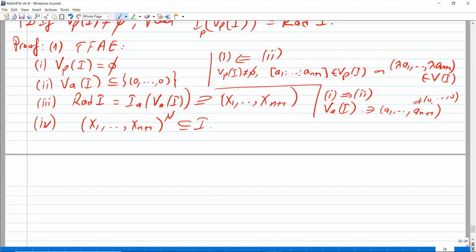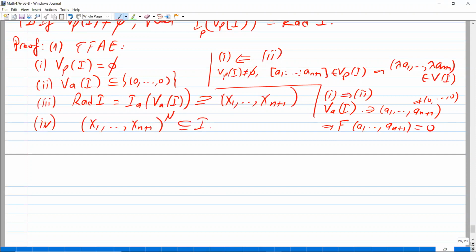Then that means for every generator f of I, f of A1, ..., A(n+1) is 0.